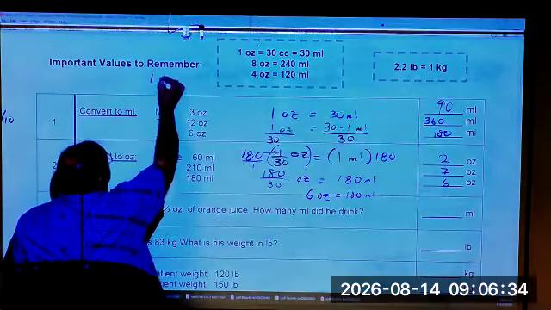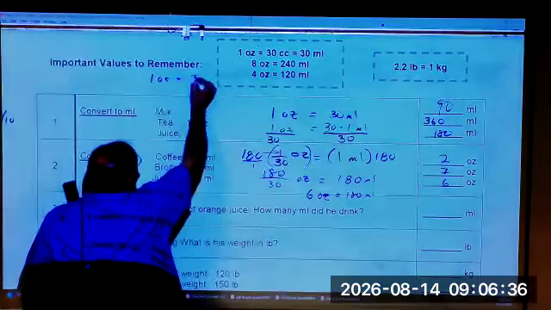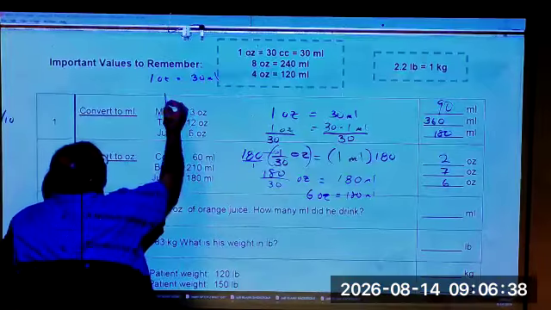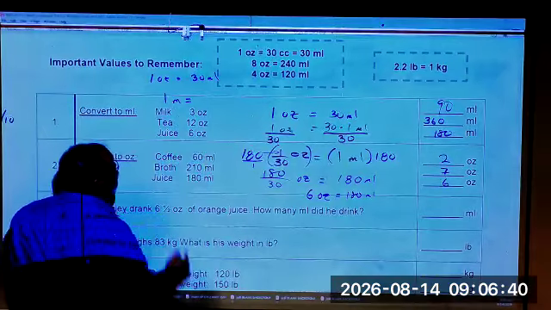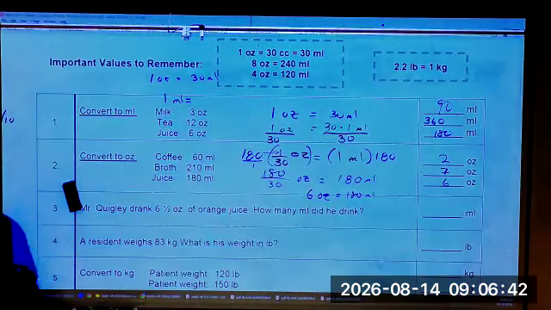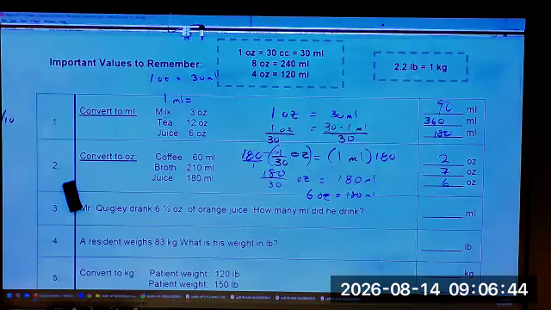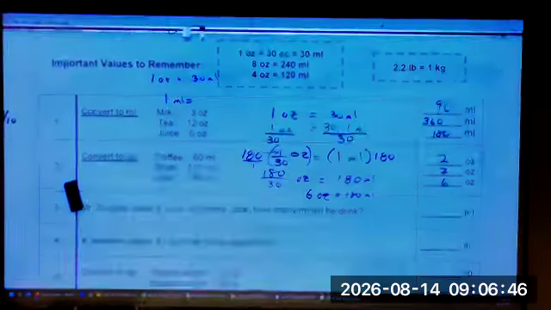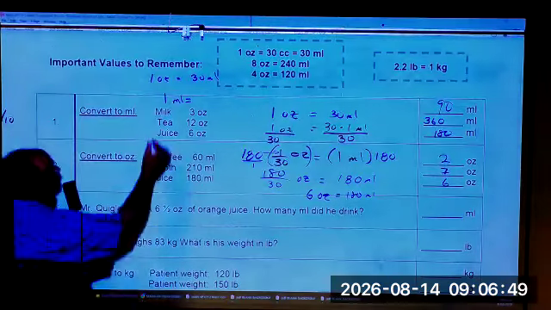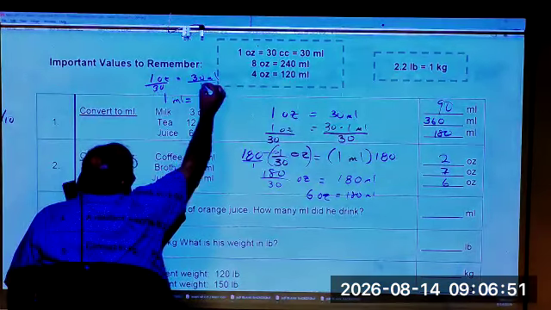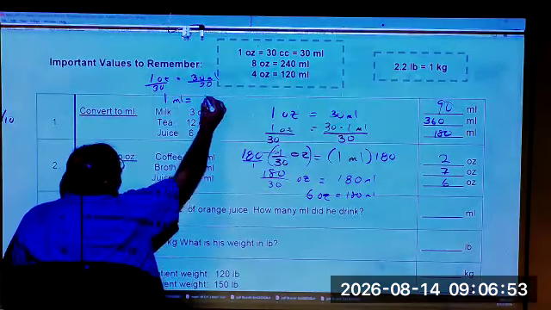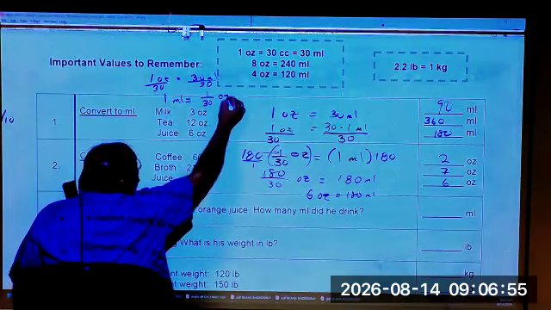We'll say, all right, 1 ounce is equivalent to 30 milliliters. So what is 1 milliliter? They're expecting you to realize, oh, you just divide both sides by 30. So 1 milliliter is 1 over 30 ounces.